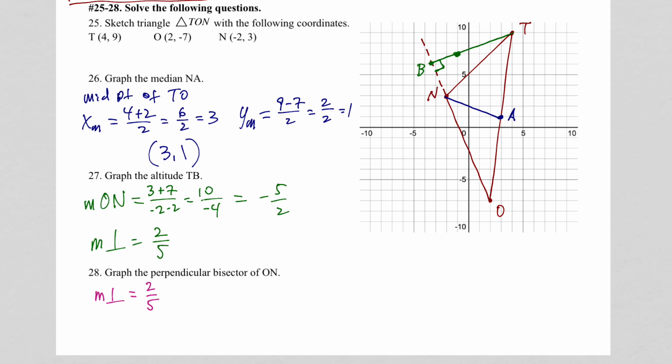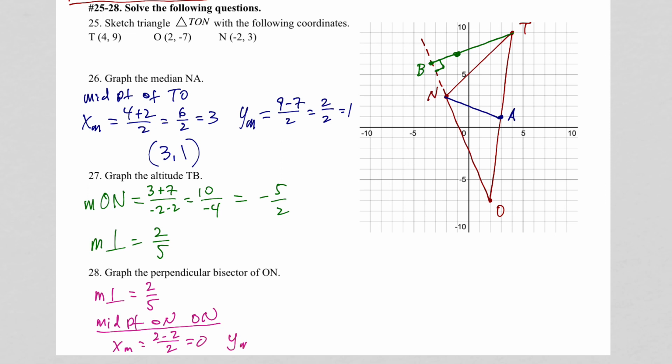I need to know the midpoint because it's a bisector. I need to know the midpoint of NO. So let me give myself some room here. Midpoint of NO or ON, it doesn't matter what you call it. The x value of the midpoint is the sum of the x's, 2 plus -2 over 2, which is 0.